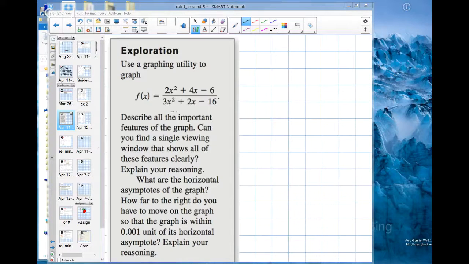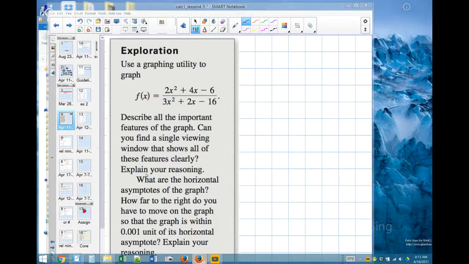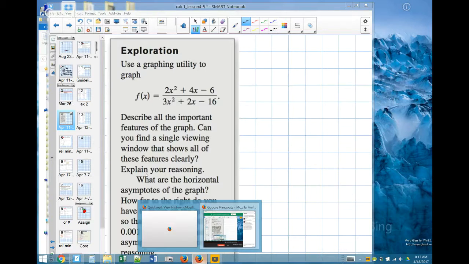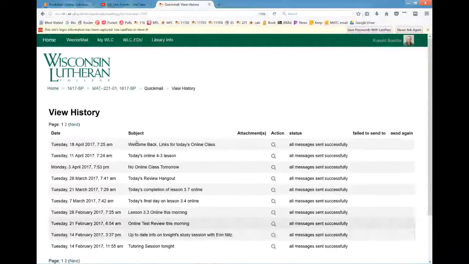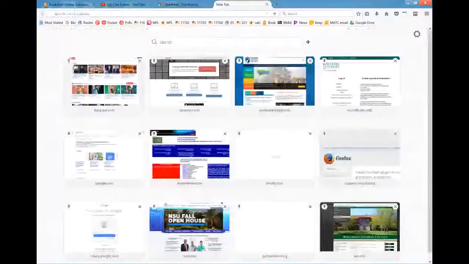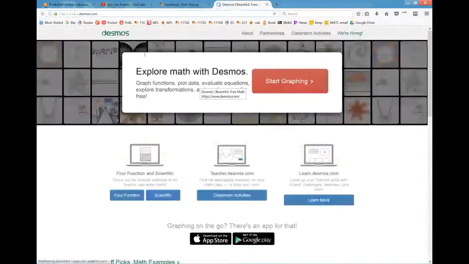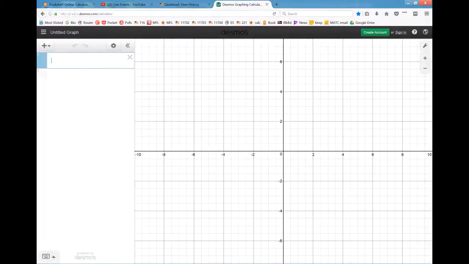So let me pull up Desmos. Okay, start graphing.